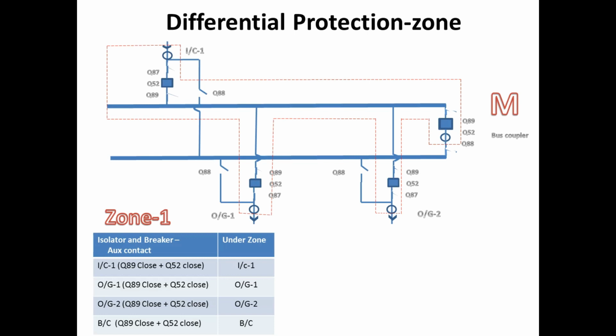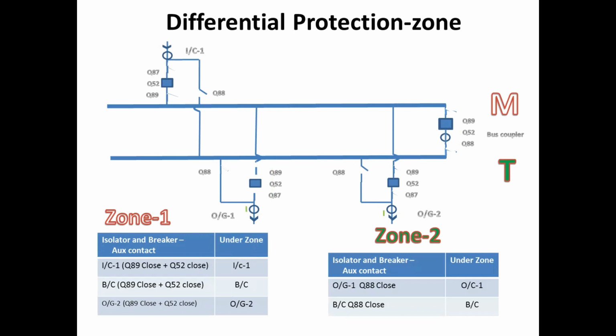Similarly, for formation of zone 2, we consider the Q88 closing contact. For example, if we get the outgoing 1 Q88 closing contact, then the outgoing CT will be included in zone 2. That means the relay will understand that the transfer bus is live right now.